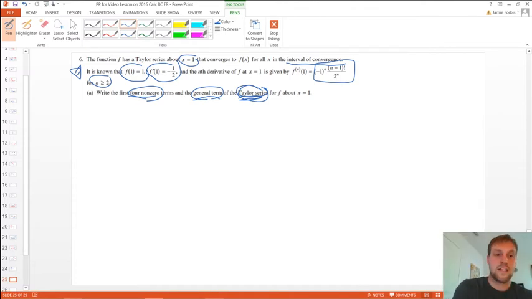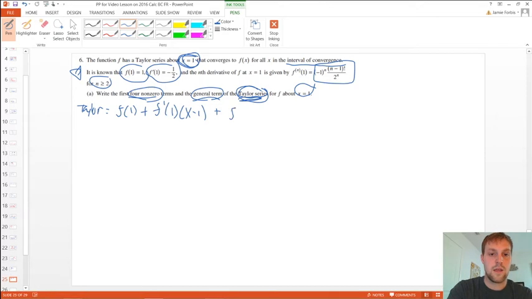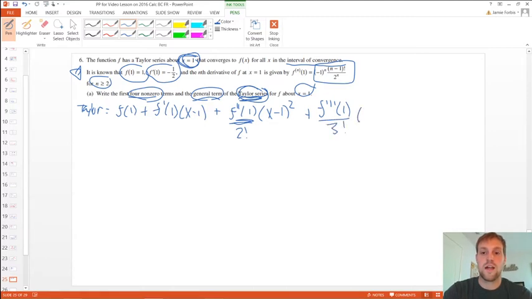Okay, so by definition, a Taylor series about a center of x equals 1 is going to be f of 1 plus f prime of 1 times x minus 1 plus f double prime of 1 times x minus 1 squared, all over 2 factorial, plus f triple prime of 1 over 3 factorial times x minus 1 cubed, plus dot dot dot.